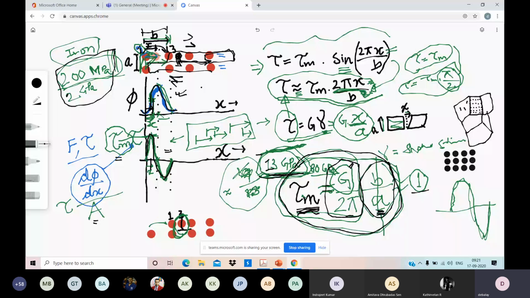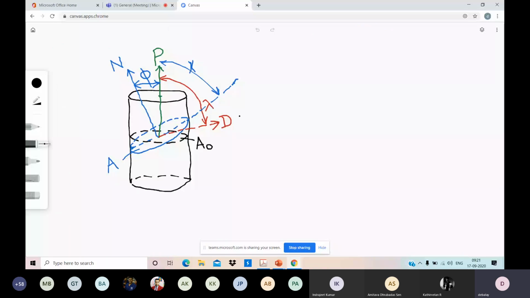Coming to one more very important concept. Here we are plotting a single crystal. This is a single crystal, but it is not a defect-free single crystal. There is one dislocation or other defects can also be there.